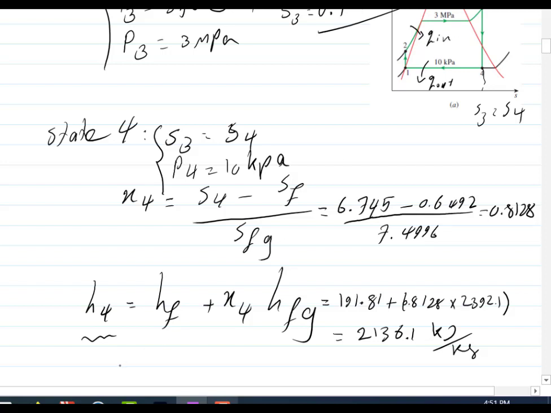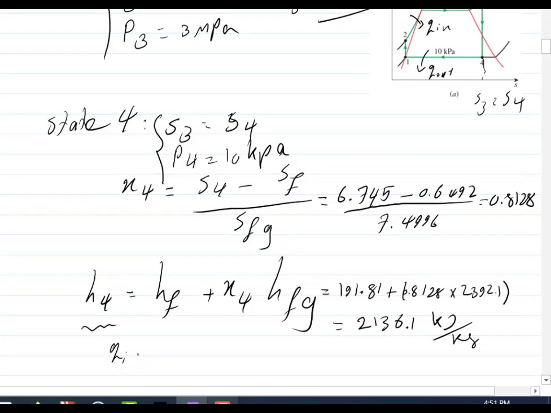So to calculate Q in and Q out, Q in is equal to H3 minus H2, the change in the enthalpy of the working fluid before and after boiler here, and Q out is equal to H4 minus H1, which is in this process.